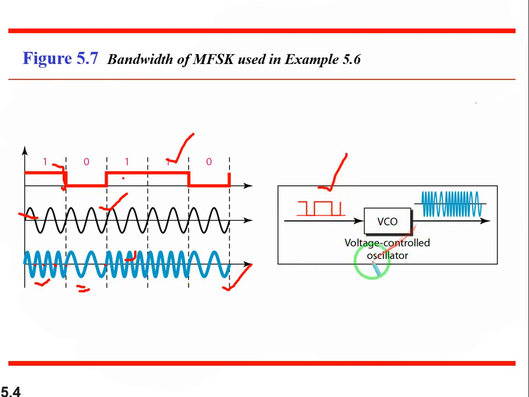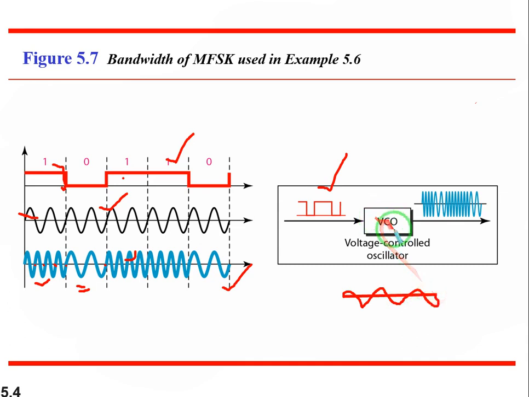Then we have the VCO. What is VCO? VCO means voltage controlled oscillator. What is going to happen? With the voltage controlled oscillator, you have a carrier. This is your carrier, let's say it will be here. I'm going to draw it well.